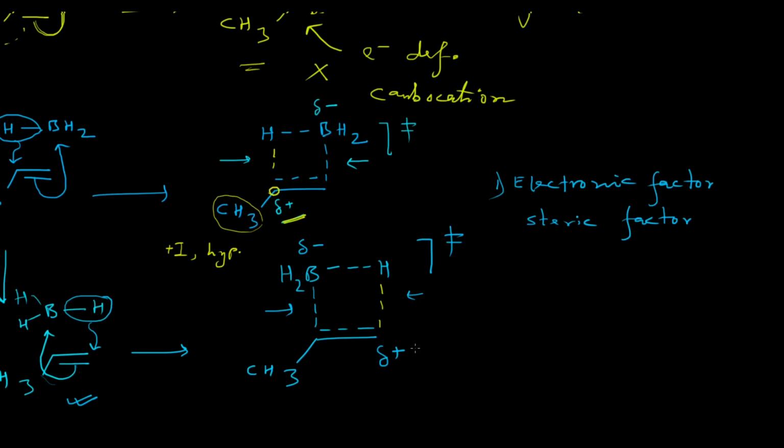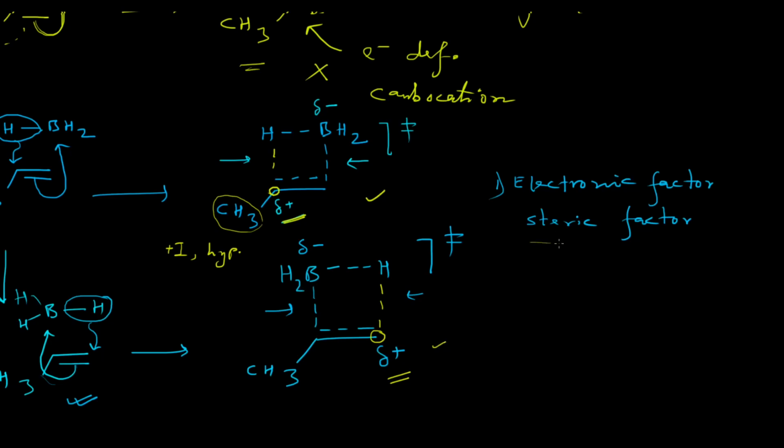But in the second transition state, there are no such groups attached to this carbon center. Only 2 hydrogens are there. So this delta plus cannot be stabilized in this transition state. So we can see that in terms of electronic factor, this transition state is more favorable than this transition state.